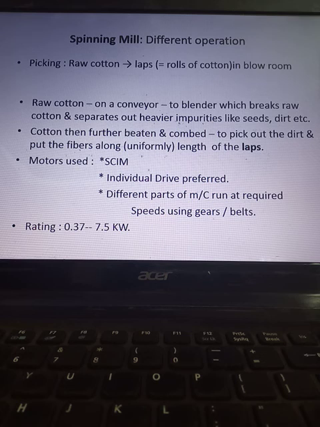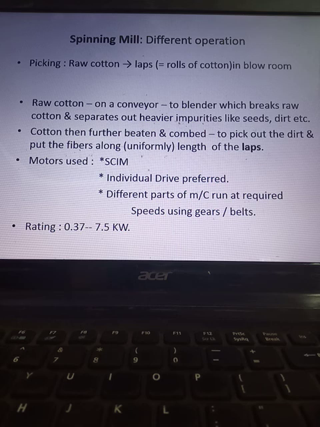Have you come across this blowing operation, blowing of the cotton? Maybe some of you might have seen the roadside bed makers, when they come to make the bed, first they take the raw cotton and then blow it so that the impurities are removed.